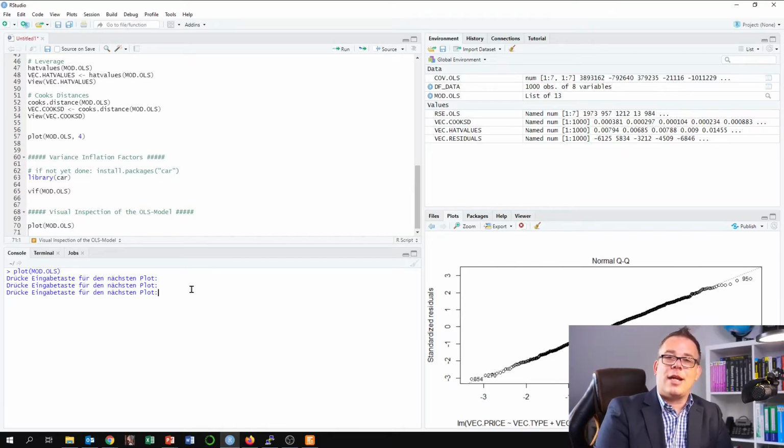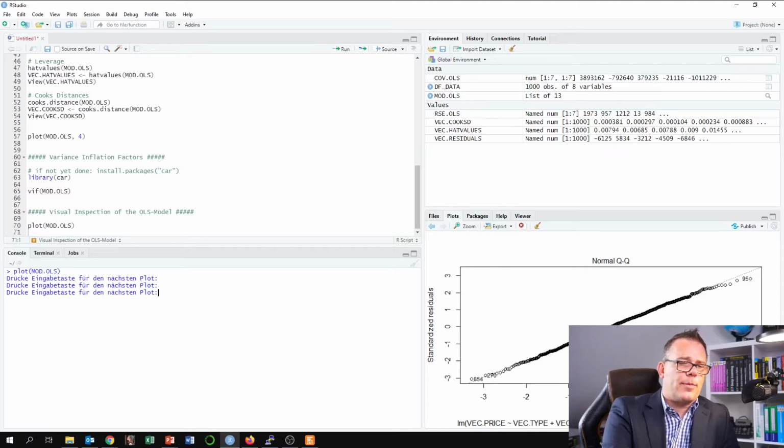I press enter, and here we see a QQ plot, or in the caption we see normal QQ, which means that this is a QQ plot visualizing normality. How does a QQ plot work? We see the theoretical quantiles on the x-axis, and we see the standardized residuals on the epsilon axis.